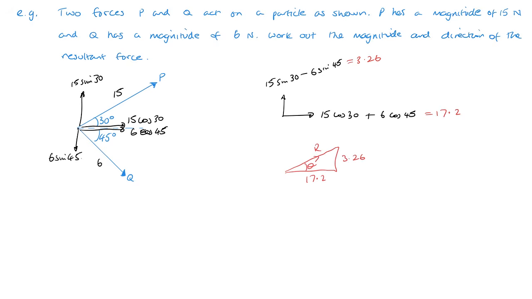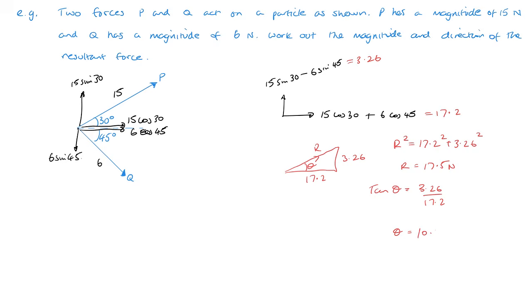That's R and that's theta. So it's quite straightforward from here: R squared is 17.2 squared plus 3.26 squared, and then square rooted, and of course using my full values, I get 17.5 newtons, and then tan theta is 3.26 over 17.2.